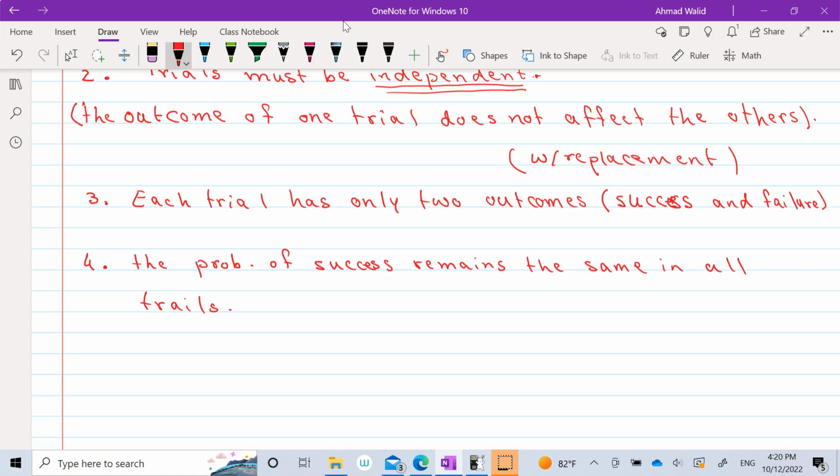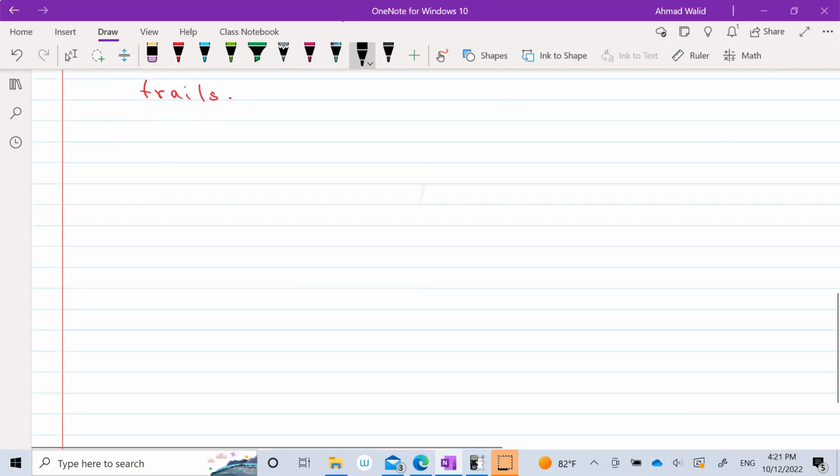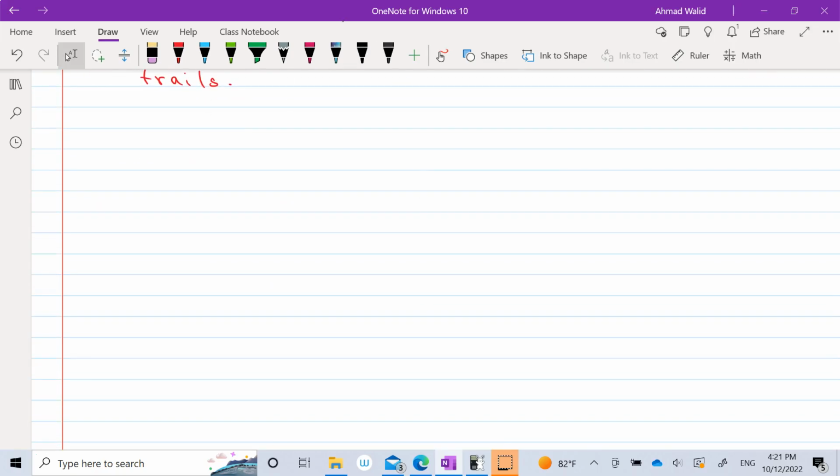You cannot change it. It always remains the same. Correct? These are the 4 important rules of binomial probabilities. Now, we learned the rules. It's time to learn some notations that we use in our formula.